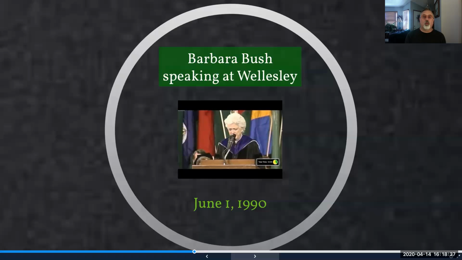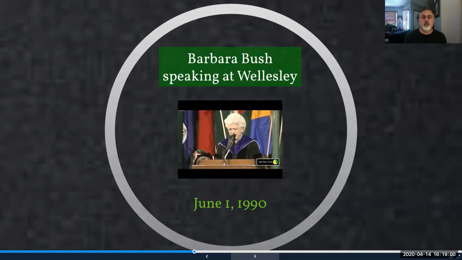And so Mrs. Bush decided to bring Mrs. Gorbachev to Wellesley with her for this review. So now you've got a former communist associated leader coming with a Republican first lady to speak to an extremely liberal audience who clearly does not want her there.